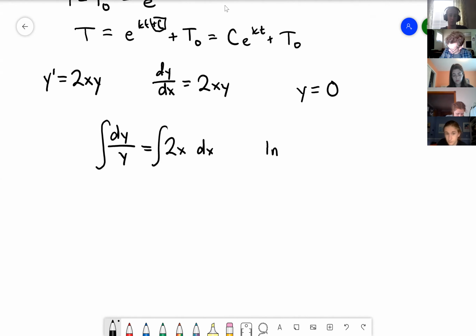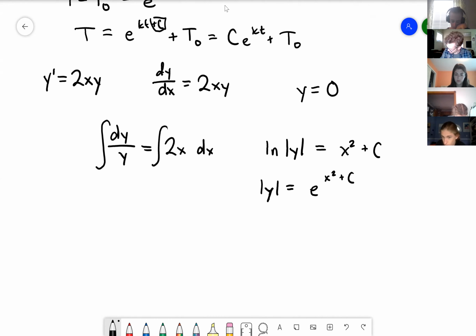We'll take the antiderivative of both sides. So I get natural log absolute value of y is equal to x squared plus c. Get the absolute value by exponentiating. Absolute value of y is e to the x squared plus c. And convincing myself that it's okay for me to drop the absolute value. e to anything is always positive.